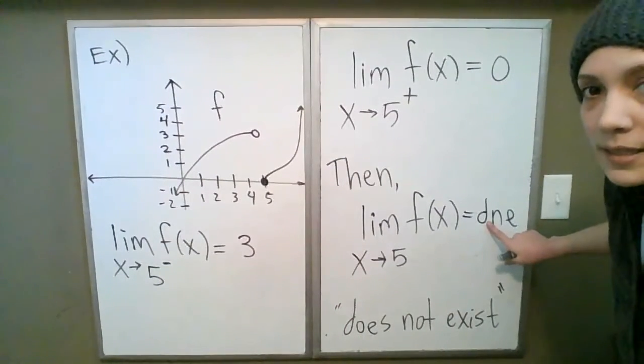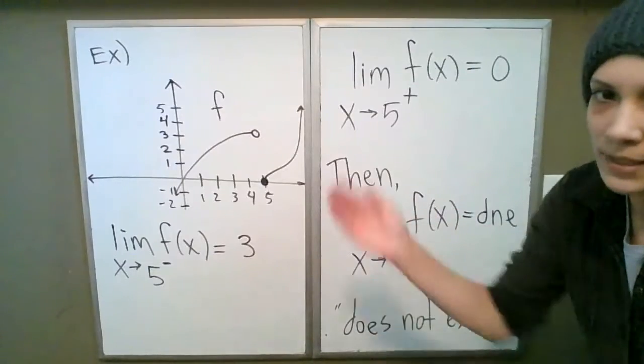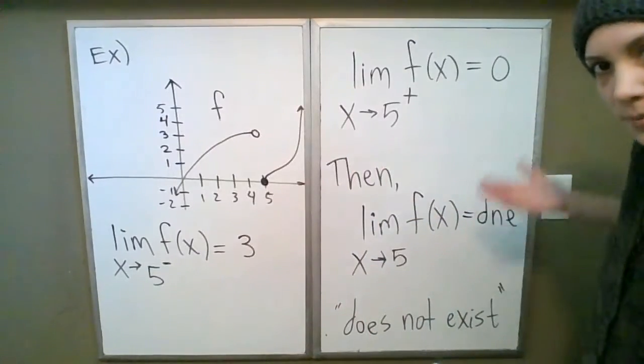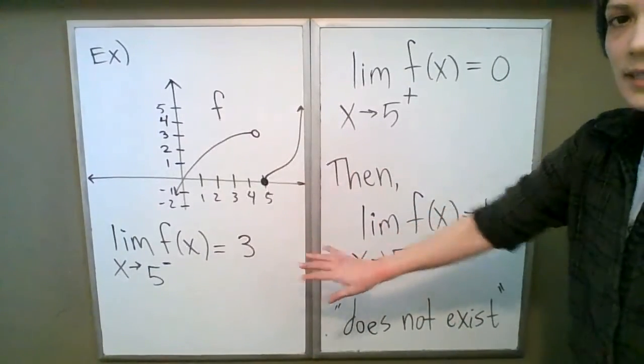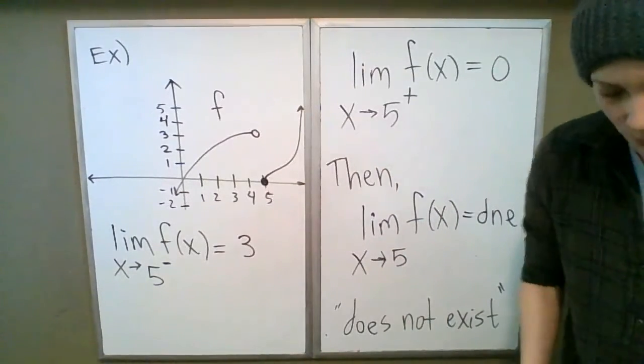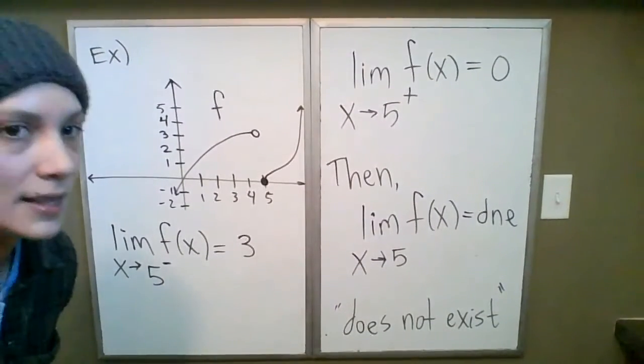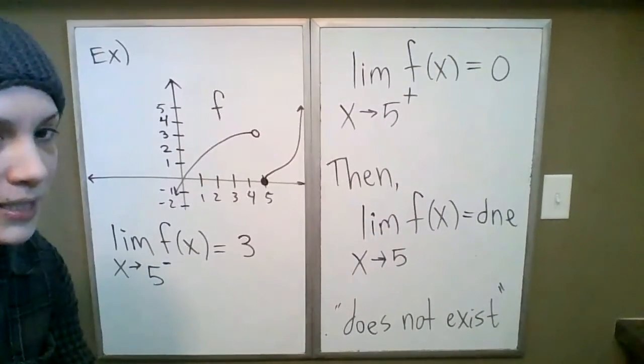Wait, why doesn't it exist? Because they're not equal to each other. And that's going to come from the theorem we're going to write down next. But if they don't match on both sides, then you say that it doesn't exist. Okay. That's called the two-sided limit theorem.